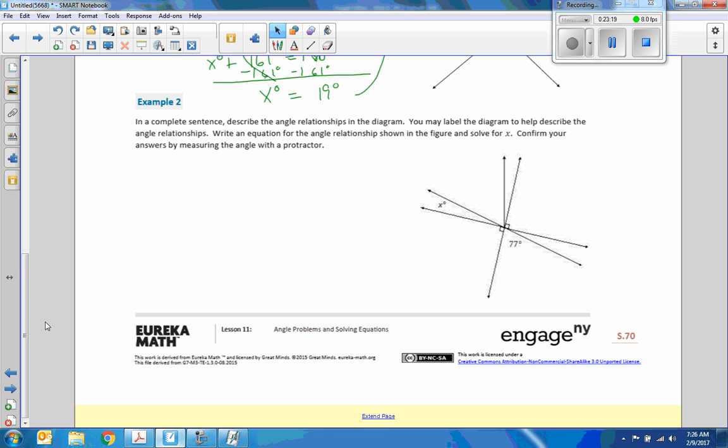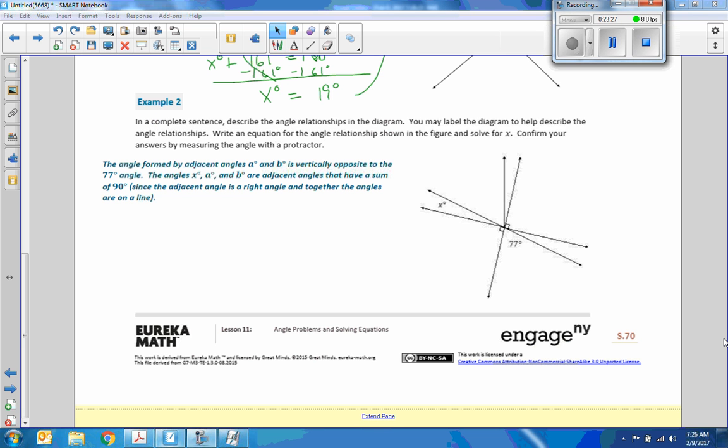Okay, example 2. In a complete sentence, describe the angle relationship in the diagram. The angle formed by adjacent angles A degrees and B degrees is vertically opposite to the 77 degree angle. The angles X, A, and B are adjacent, and angles have a sum of 90 degrees.